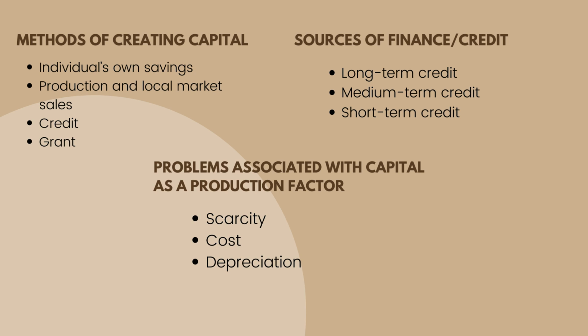We've got problems that are associated with capital as a production factor. Now, what are these problems? Now, the scarcity of capital, okay, that can be another issue, right? So the lack of capital is a major factor in how the farming business runs.